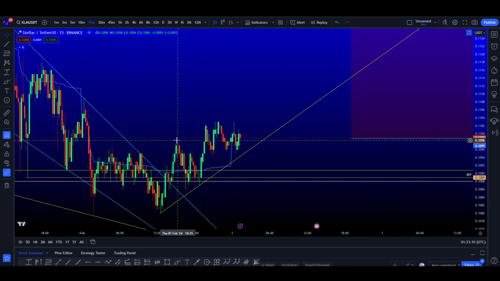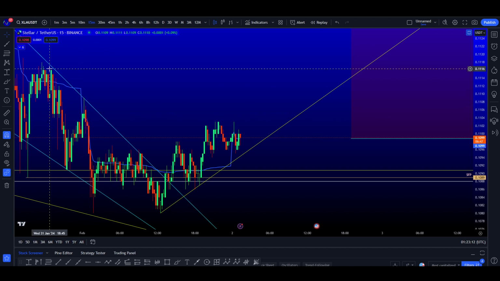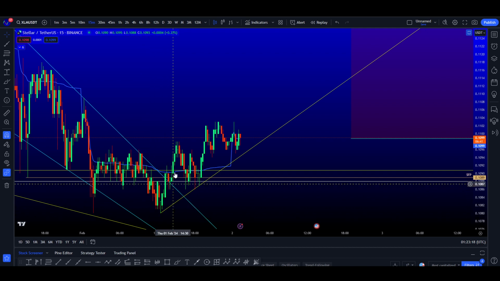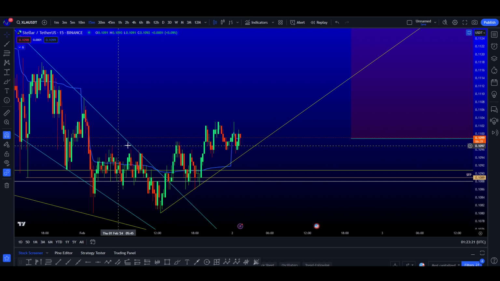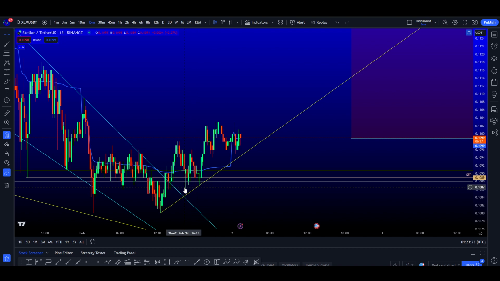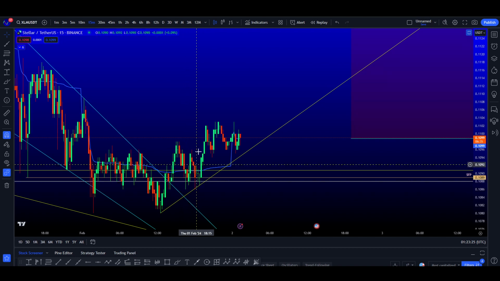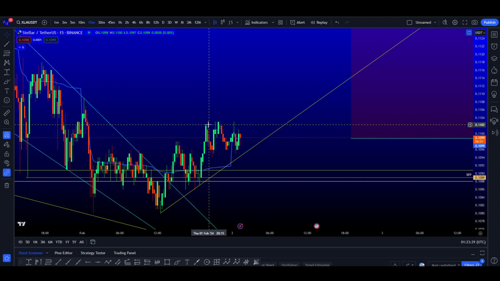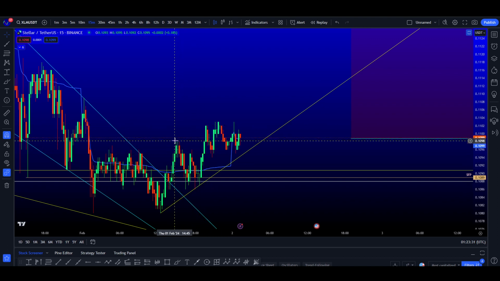We got the higher high, right? Because this was the, ready, look: lower low, lower high, lower low, lower high, higher low, higher high, right? So it's confirmed once this higher low has happened. So now we have a confirmed market structure change. It's actually confirmed once this high is retaken.